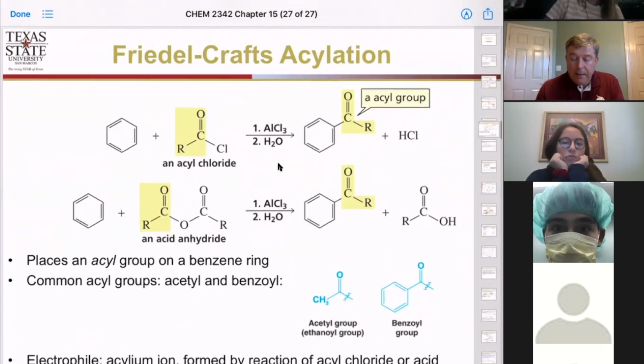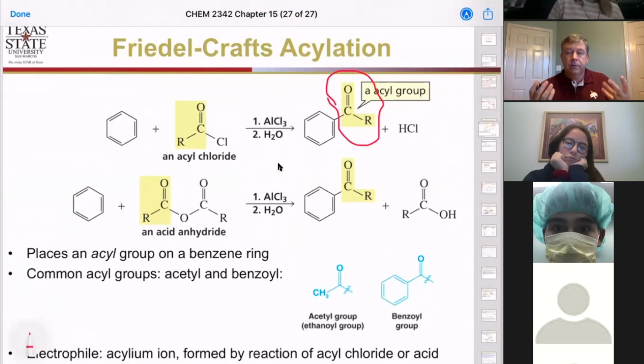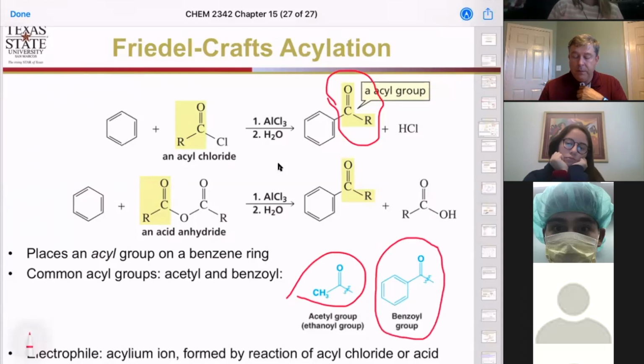Anytime you add a ketone to the benzene ring, we call that an acyl group on the benzene ring. That can be an aliphatic group, or it can be a benzoyl group. If you think about it, this is a derivative of acetic acid, so it's an acetyl group, or this would be a derivative of benzoic acid, so it's the benzoyl group.